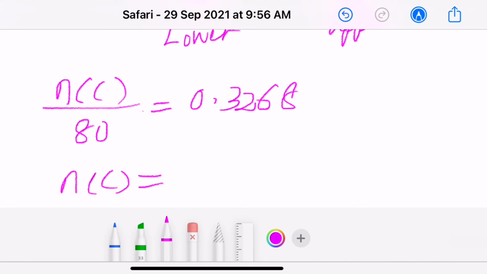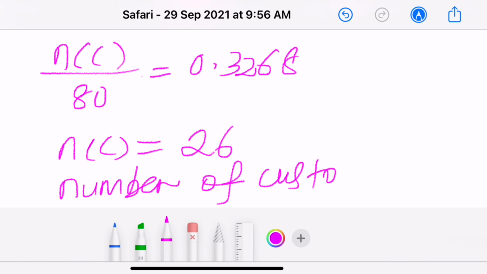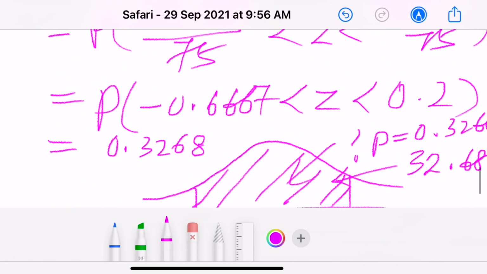We times with 80, so the answer is 26.14. This is the number of customers, so we have to write an integer. The answer is 26.144, so you have to write the number of customers is 26, because it's an integer.